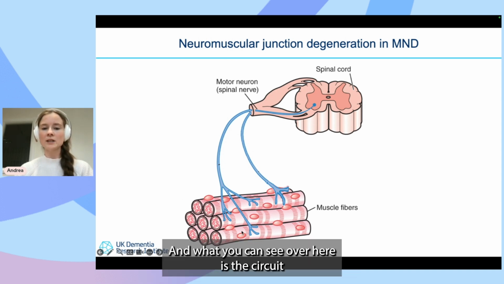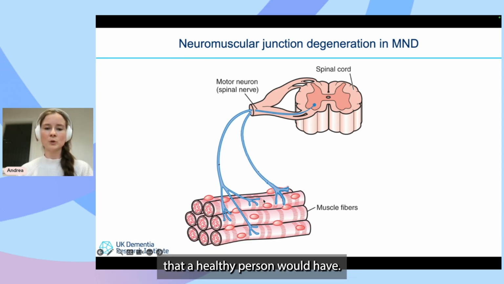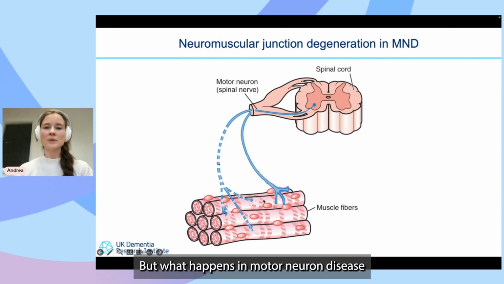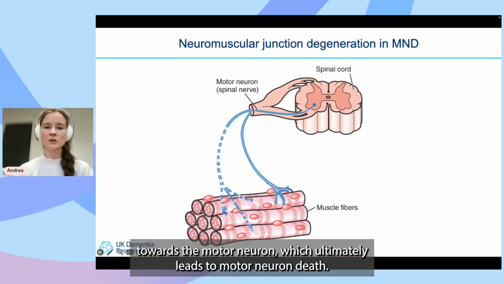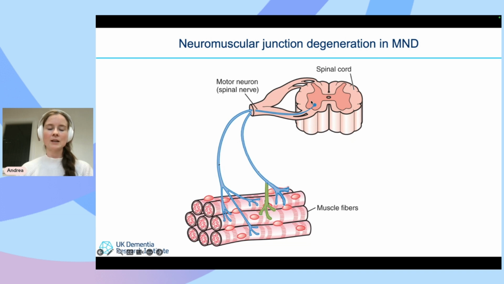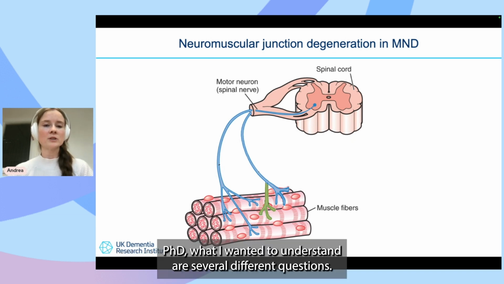And what you can see over here is the circuit that a healthy person would have. But what happens in motor neuron disease is that the axons retract back towards the motor neuron, which ultimately leads to motor neuron death.